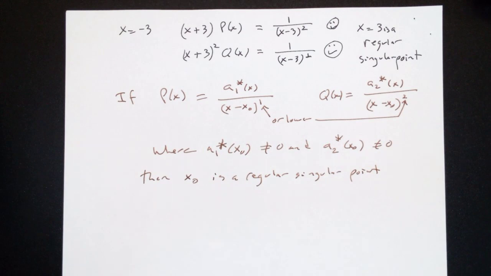But that only works when I can write out a polynomial and factor, and all sorts of nice things happen. It is possible to have complex singular points.